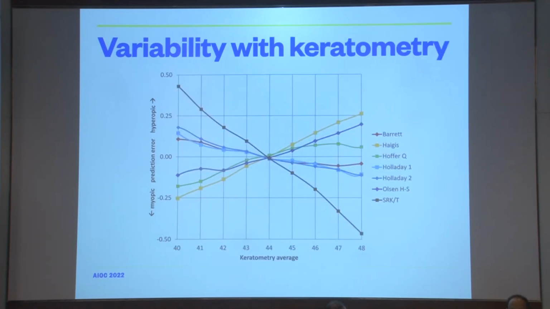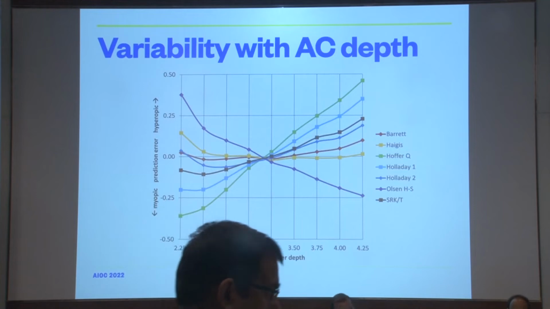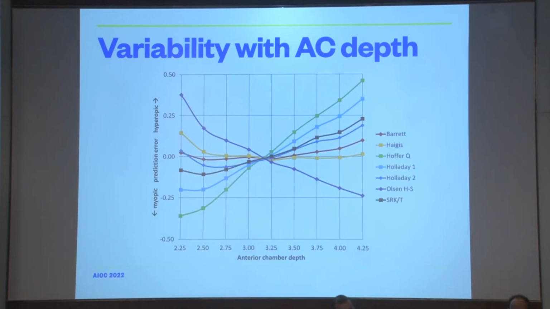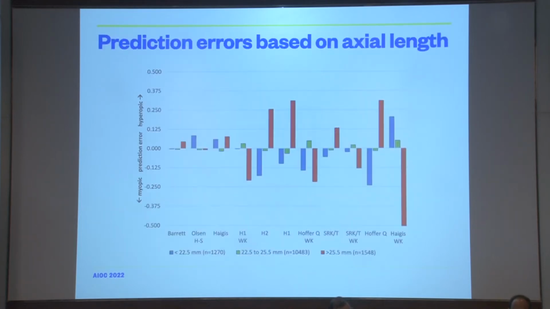With K readings also, they did study that, and again it showed that the Holladay and the Barrett were quite repeatable across the board with the keratometry readings. As well as with AC depth, again the Barrett and the Haigis fared very well. Somehow the Olsen didn't do very well with the AC depth. And they studied the lens thickness. More or less, almost all the formulae were comparable except for the Haigis formula.